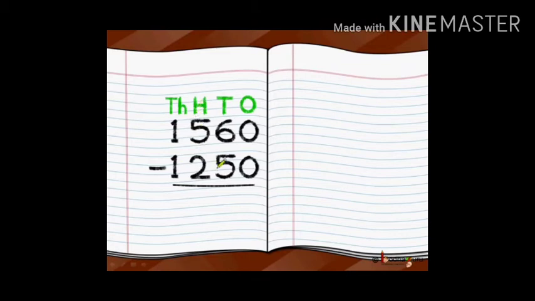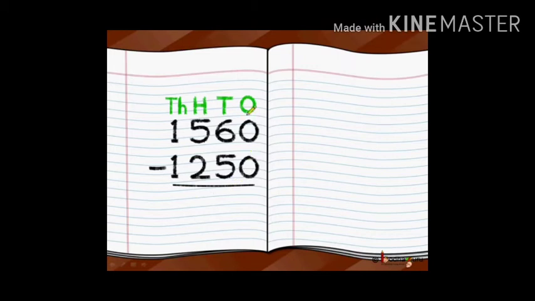Let's see. Whenever we have to start subtraction, we start from the ones position, and then we move to the tens place, then hundreds, and then the thousands place. In this lesson you will learn only one new place, and that is the thousands place.